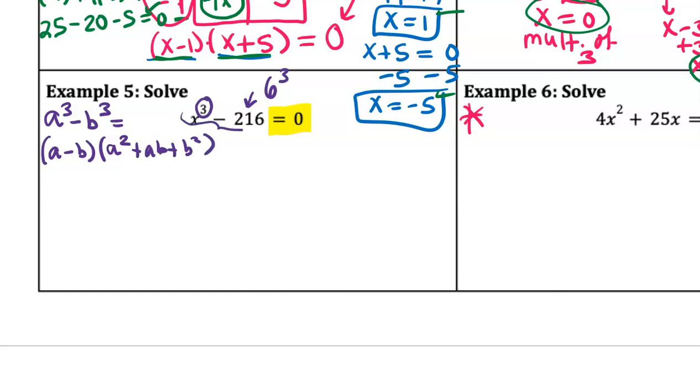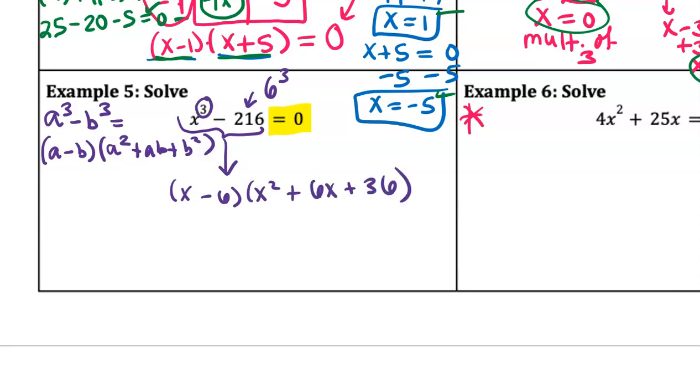So according to that, I should be able to factor this into x minus 6, x squared plus 6x plus 36. Because if x cubed is a cubed, then x is a.